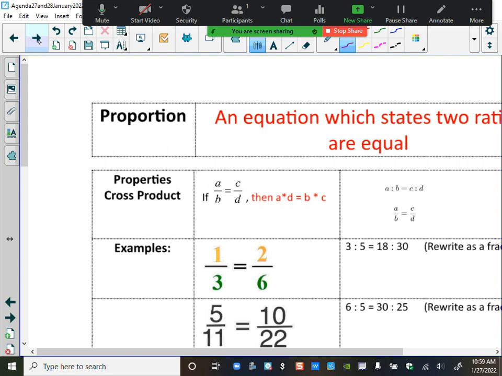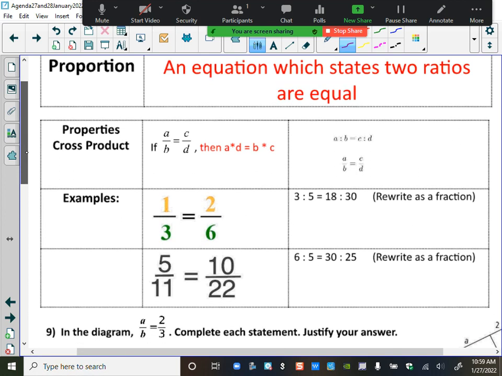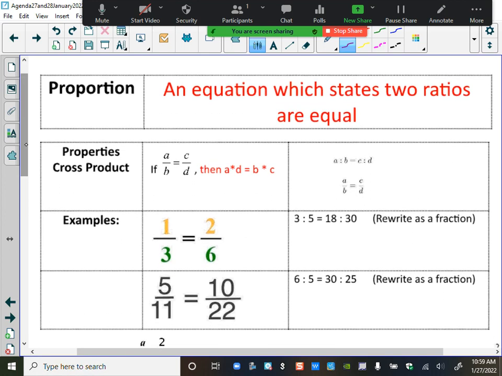All right, let's talk about proportions for a little bit. That's basically what was happening here. A proportion is where your scale, your ratios, are going to be the same.